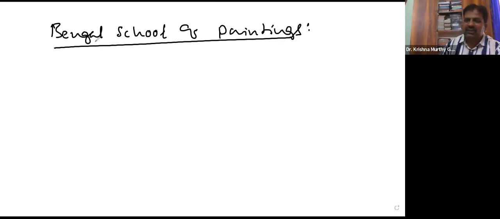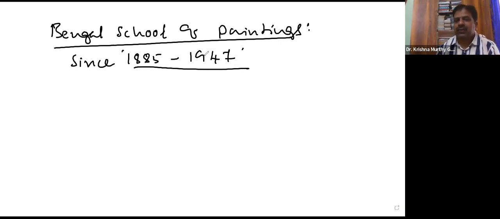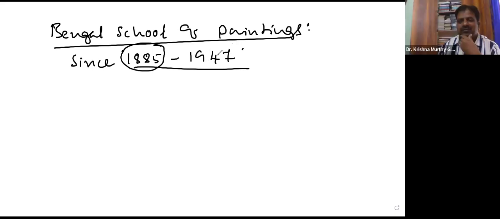Officially, you can start the study of the freedom struggle of India from 1885 to 1947. What was the significance of 1885? The Indian National Congress was founded.